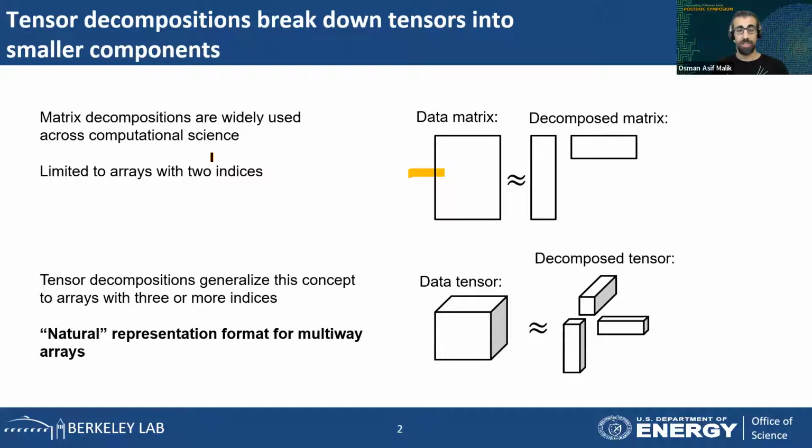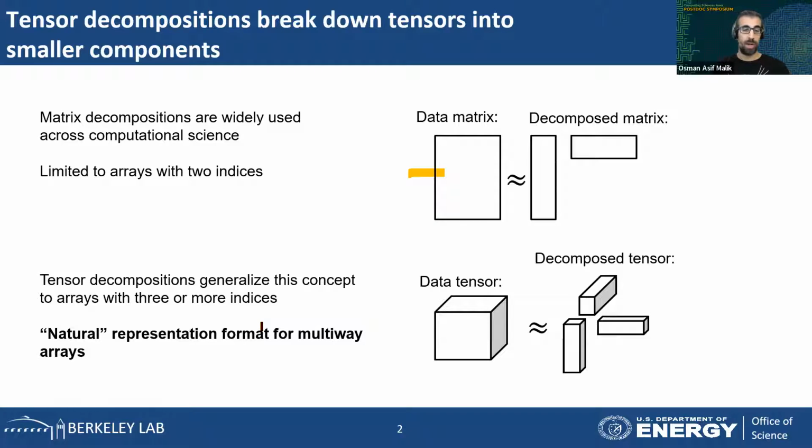So for the purposes of this talk, a tensor is going to be an object with three or more indices, and a tensor decomposition takes a tensor and decomposes it into a number of smaller tensors. So it's very similar to matrix decomposition.